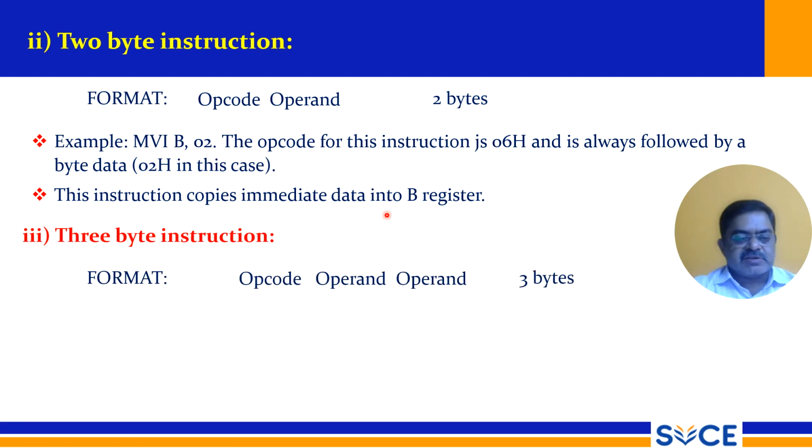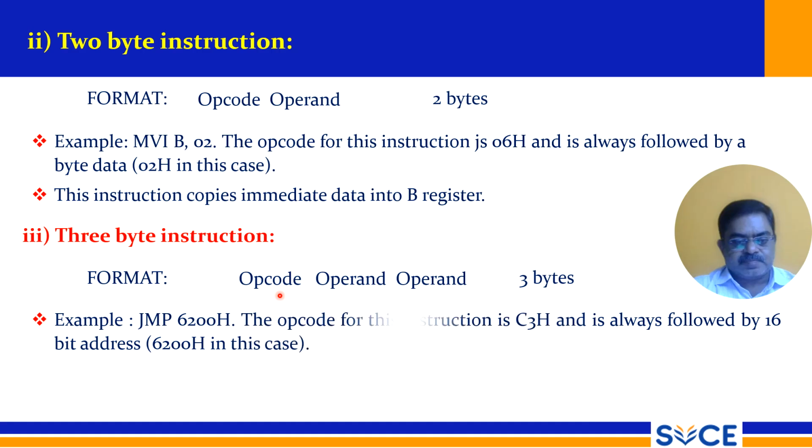And for a 3 byte instruction, the format is opcode, operand and operand. The opcode is normally the instruction, and the operand may be either 16-bit data or an address.